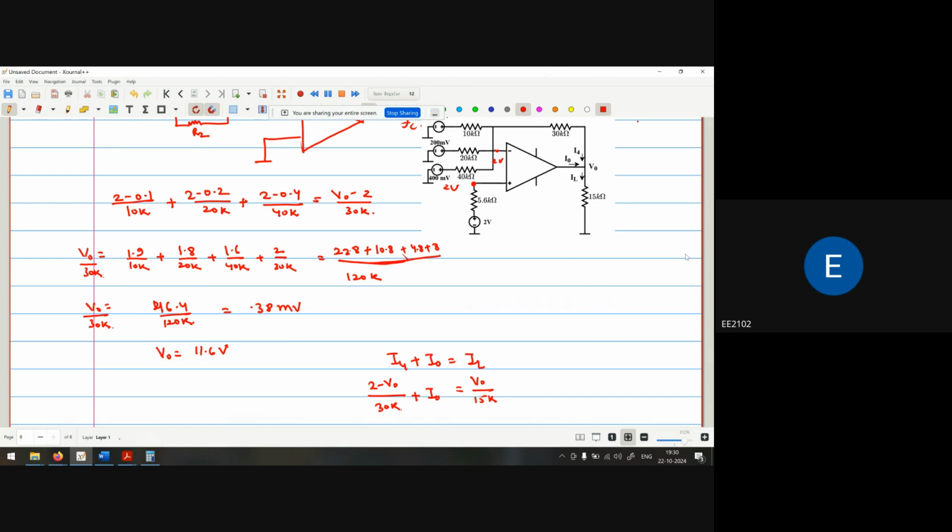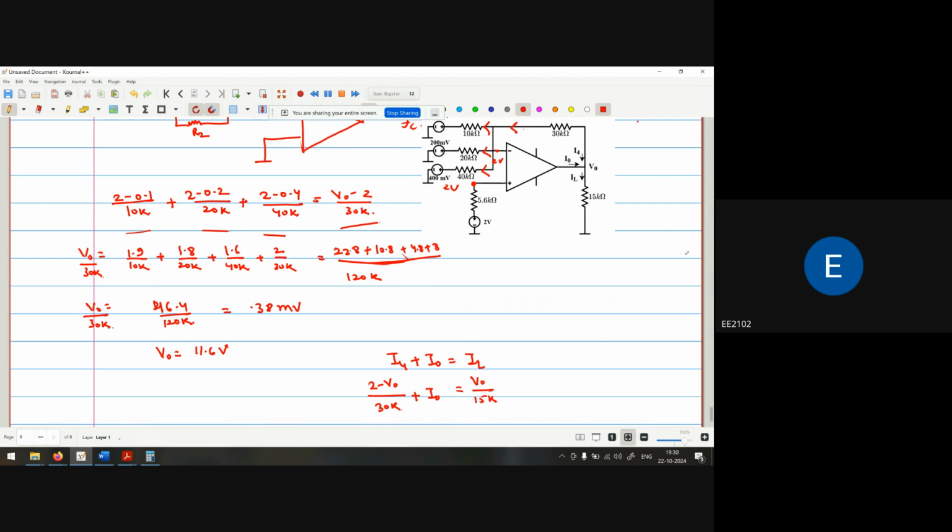Wait a minute. Actually, the current from the 30K will be going in this direction. So the current is coming from this direction, and it will be distributed in three branches. So I take the incoming current, that is (V naught minus 2) by 30K, equal to all the outgoing current.